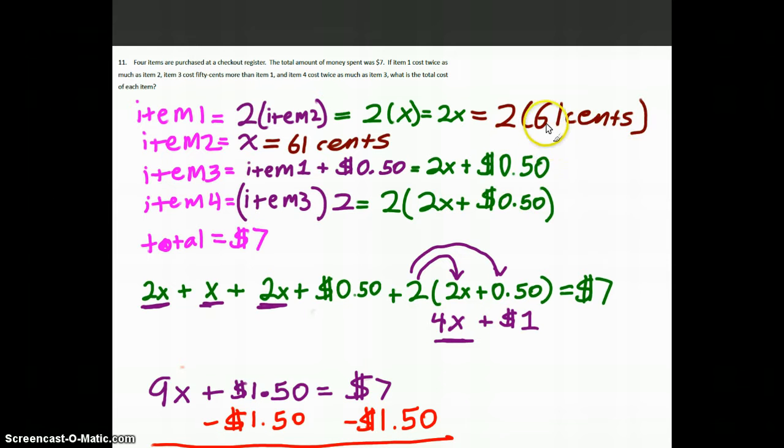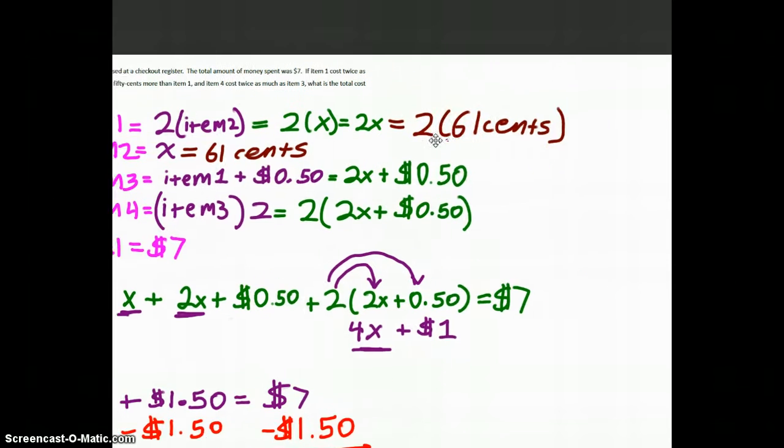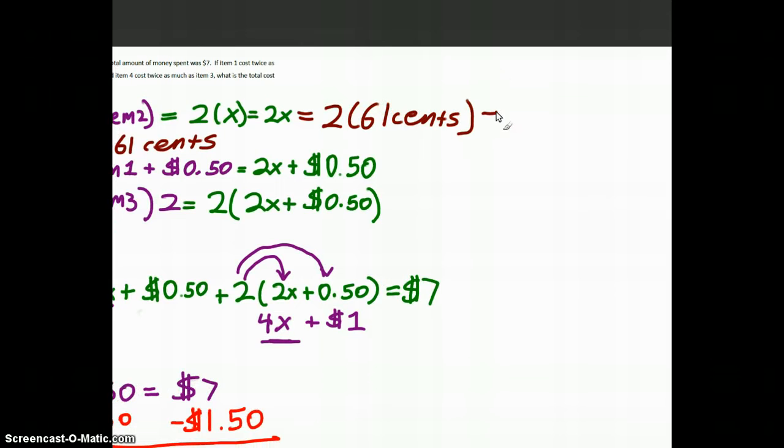And then looking at what that will give me for item 1, 61 cents times 2 is just going to be $1.22. So I could just say that this is $1.22 right here.